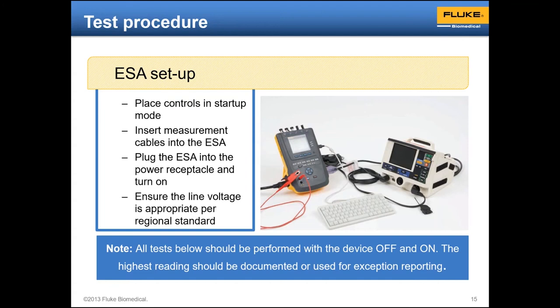And why are we doing that? Because we have found outside the United States and outside of Western Europe, the electrical distribution system in buildings, including hospitals, do not always provide a proper ground or reference point.